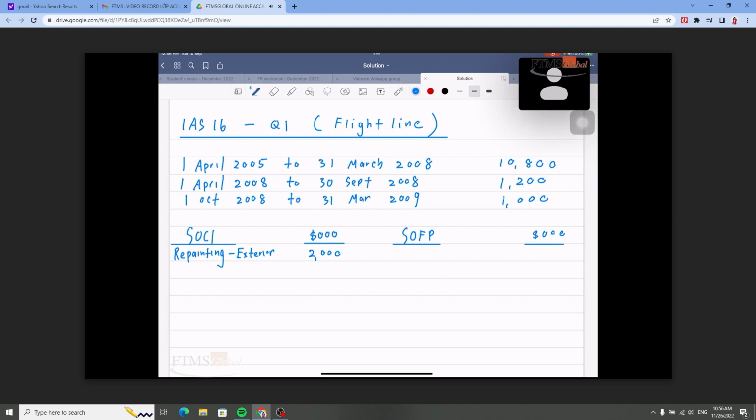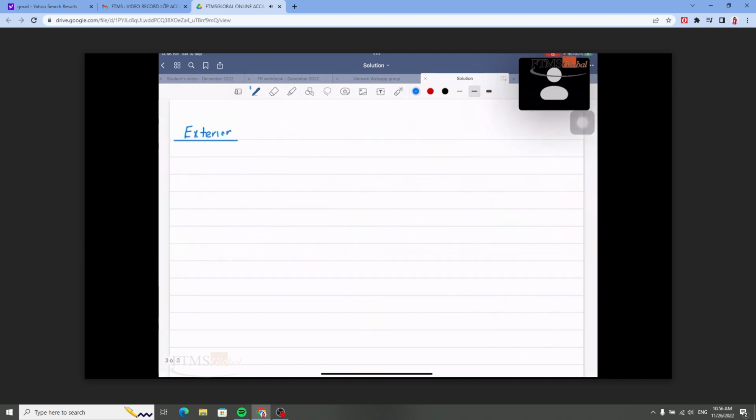Right, then next, of course, is to calculate the depreciation and the carrying value. Nothing special. So exterior, no other story, right? So now we will calculate the depreciation and carrying value.